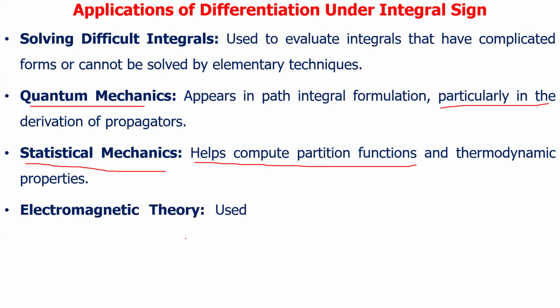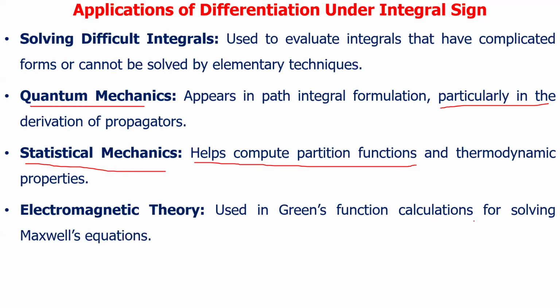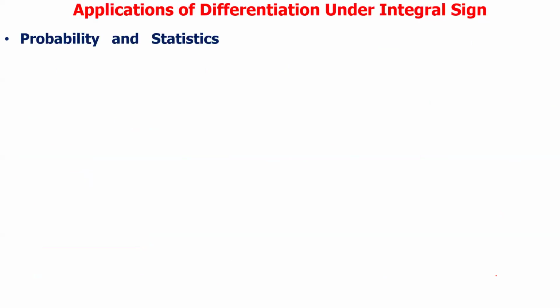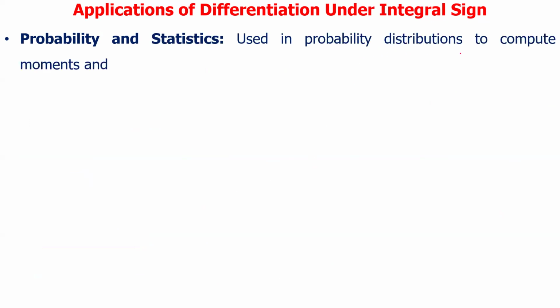The next application is electromagnetic theory. It is used in Green's function calculation for solving Maxwell's equations. Special functions: it is applied in deriving Bessel, gamma and beta functions. The next application is in probability and statistics. It is used in probability distributions to compute moments and cumulative distributions.